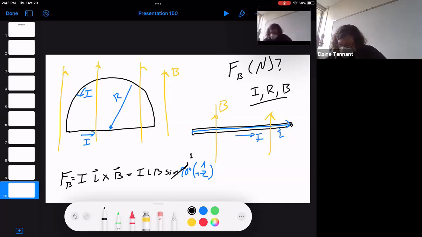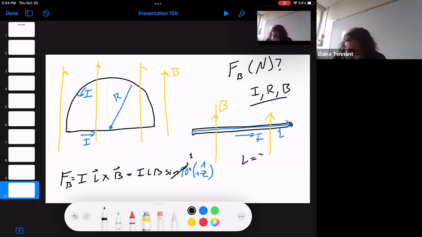The only thing that's a problem here is this L. We need it in terms of I, R, or B. Can we relate L to R? Yes, since L is the diameter of that semicircle. Does that make sense?